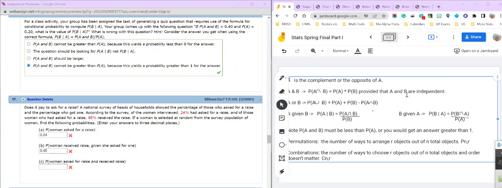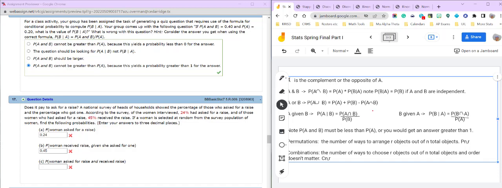Now you're probably going, wait a second, they're not independent. Well, you can kind of say, you can do this, really. Note, probability of B given A equals probability of B if A and B are independent. That's probably a good way of putting it.